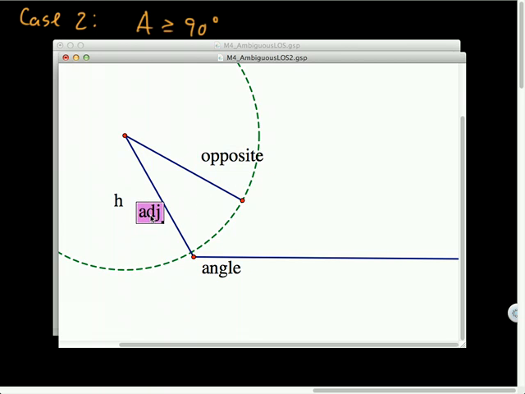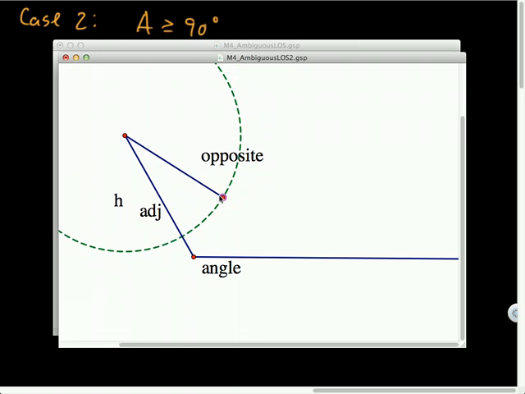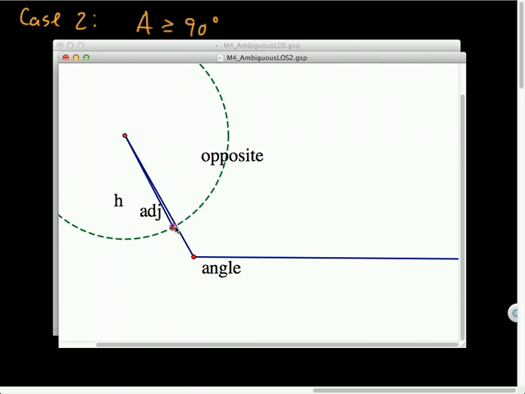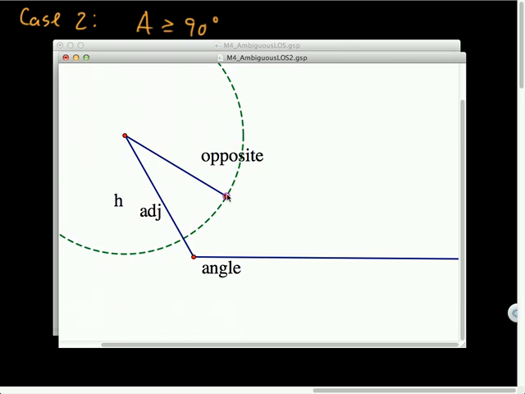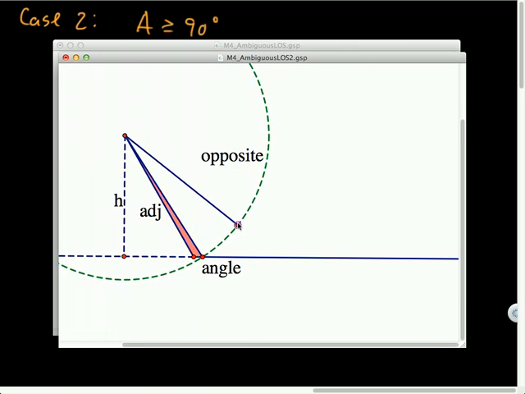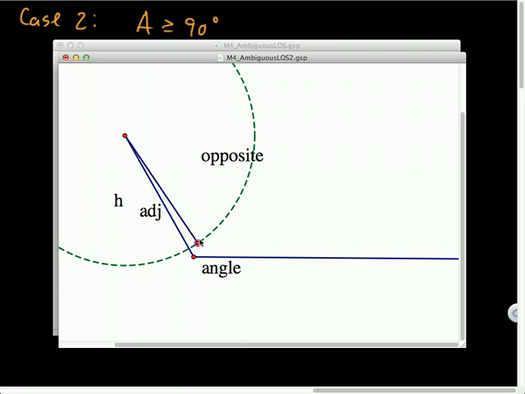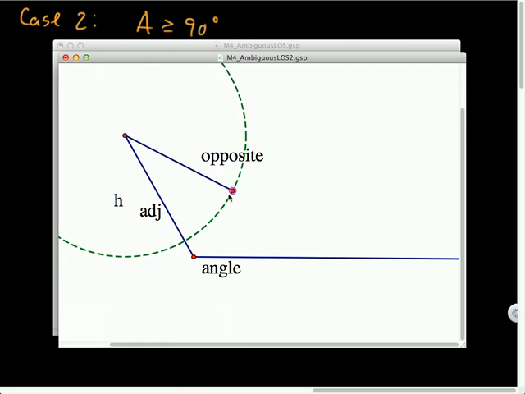So looking at this sketch, if I have an obtuse angle, notice no triangle is formed anytime my opposite side is shorter than what? The adjacent, right? If it's shorter than the adjacent, it's not even reaching back.